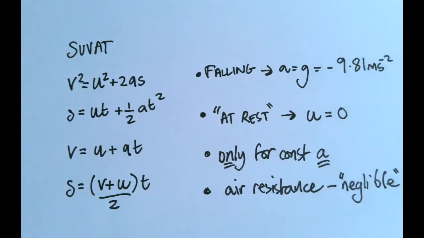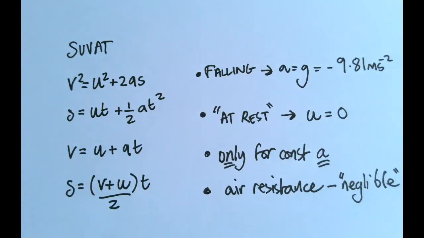And that's obviously not true, because things have terminal velocity, and we'll look at that later. So if you jump off a bridge into nice soft water, you'll find that you don't keep accelerating at a constant rate, because the faster you go, the greater the air resistance gets, and your acceleration decreases until you go at a constant velocity. But we will ignore that in any of the questions that use SUVAT equations.